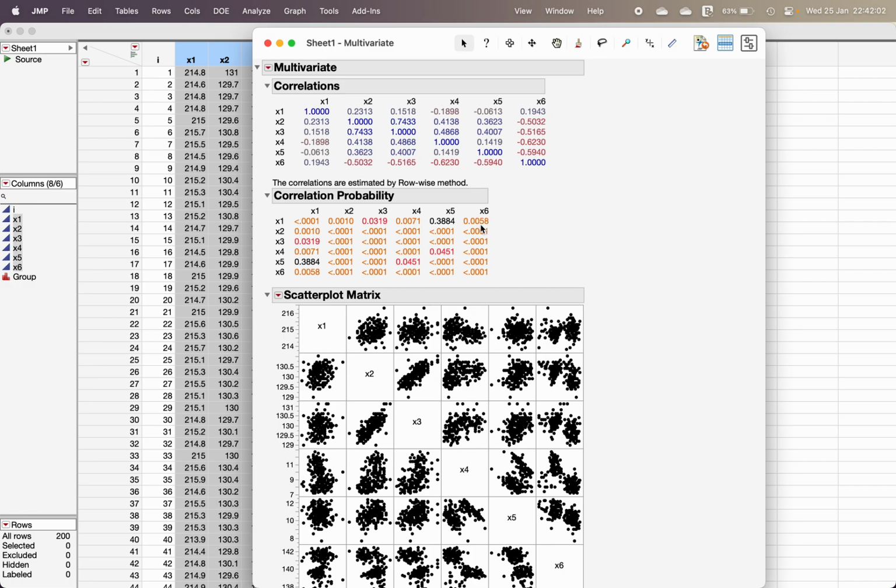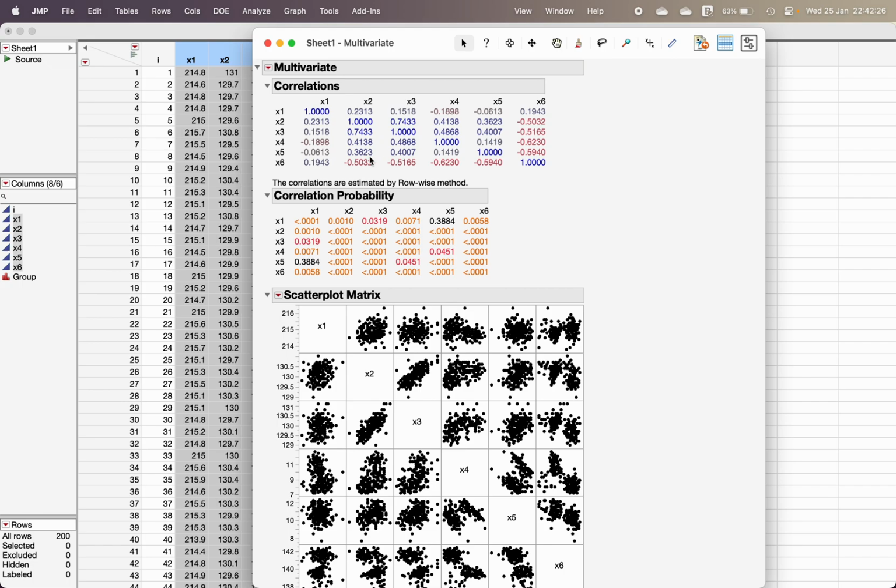But if you look at the p-value between x1 and x6, it is 0.0058. That means even though this value is small, this correlation is statistically significant, because the p-value is less than 0.05, and wherever the p-value is greater than 0.05, that correlation is not statistically significant.